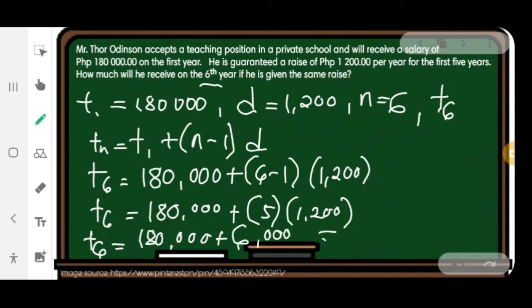So let us add. So we have now 186,000. That means Mr. Thor Odinson will receive 186,000 in the 6th year.